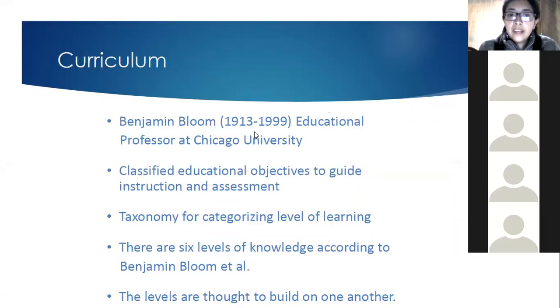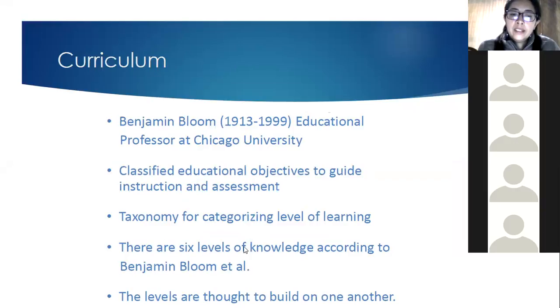He classified educational objectives to guide instruction and assessment. This is something that we cannot forget when we are going to design our virtual learning environment. So he categorized the different levels of learning.